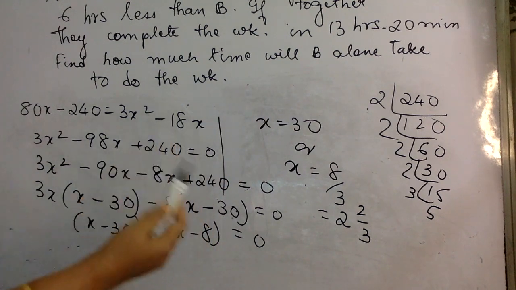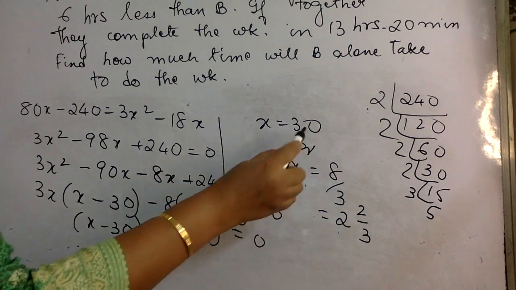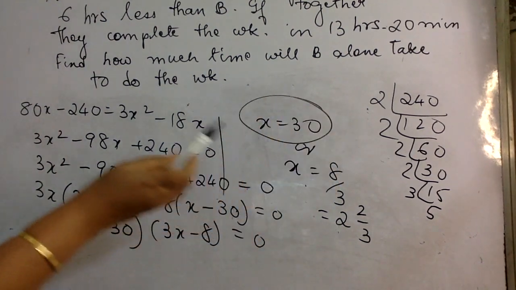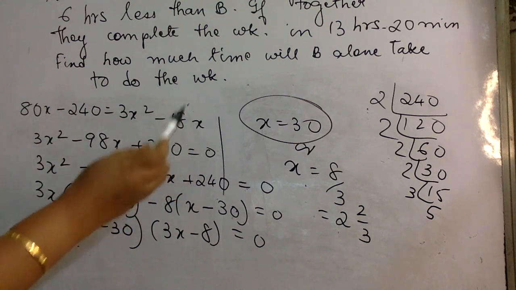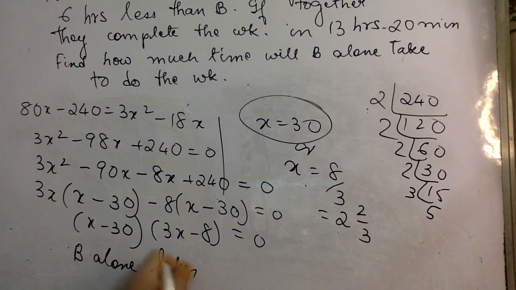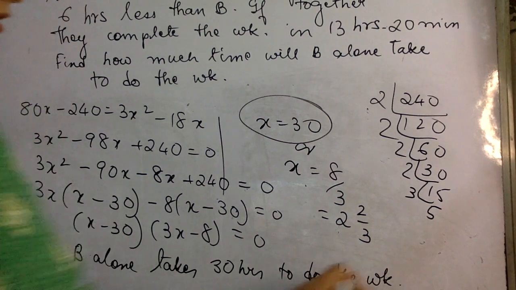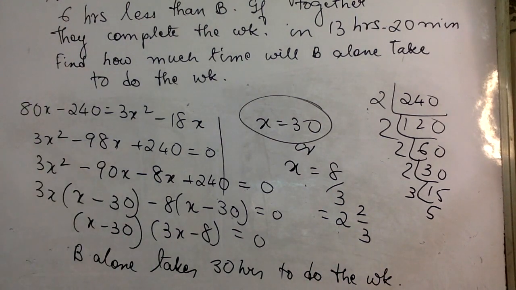One of them is working 6 hours less than the other one, so it is not going to work. So I have to take 30, this is my answer. So how much time will B take alone? B alone takes 30 hours to do the work.